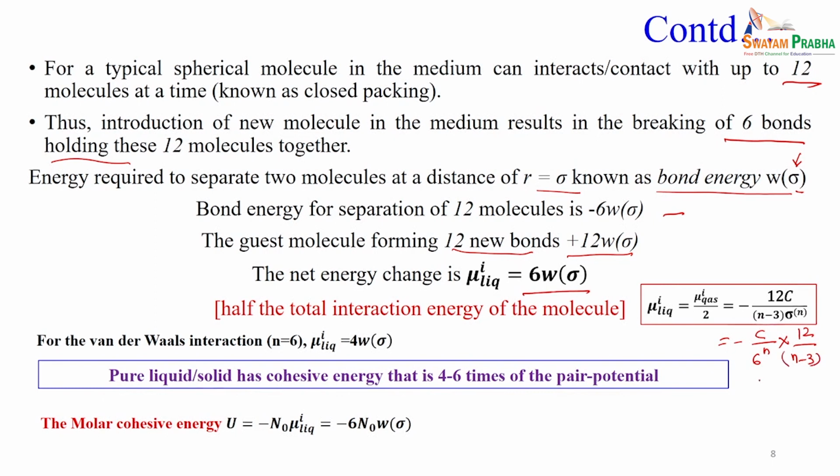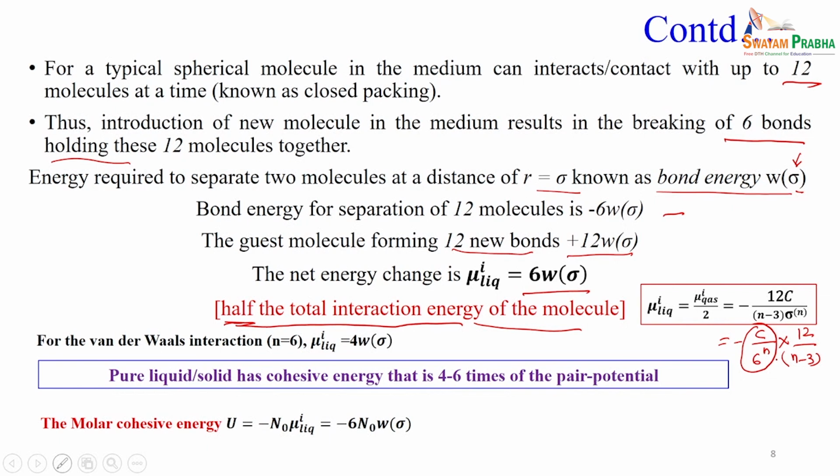So, what is this? This is your pair potential multiplied by this factor, which is the number of times it is related. So, you can say half of the total interaction energy of the molecules is equal to C upon sigma to the power n into 12 upon (n minus 3).